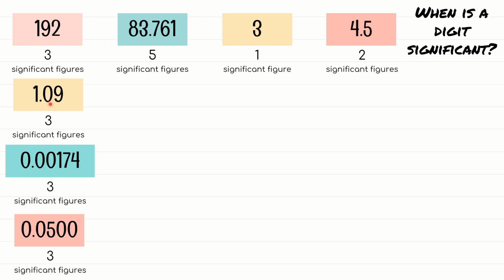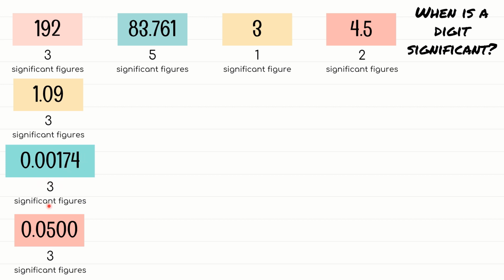But now, when there are zeros inside it, it seems like the way we counted earlier doesn't apply. Earlier on, we said that the number of digits is the number of significant figures. It seems to apply for the number 1.09. But then, when it comes to 0.00174, I want us to notice that there are actually 1, 2, 3, 4, 5, and 6 digits over here.